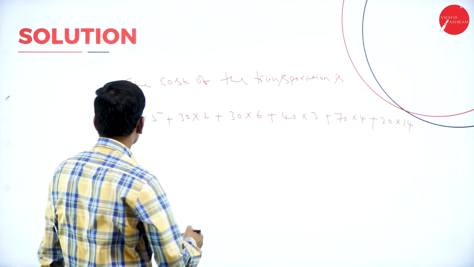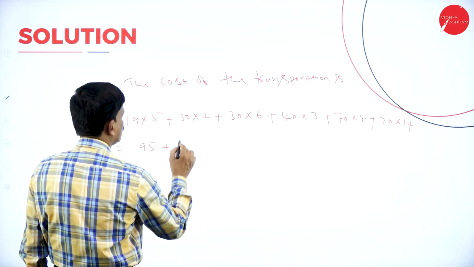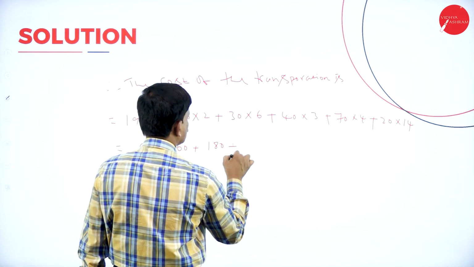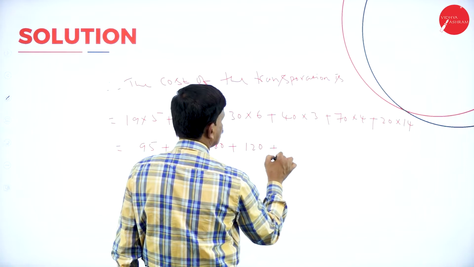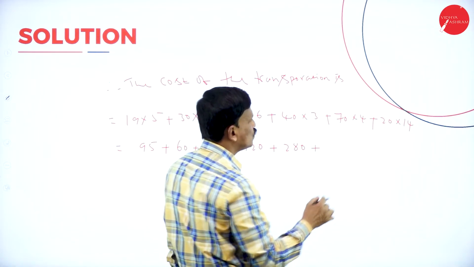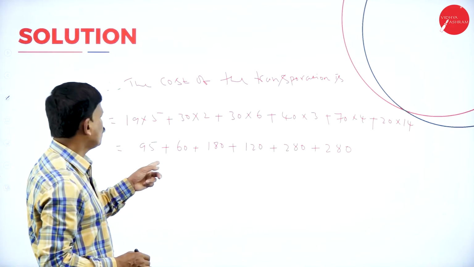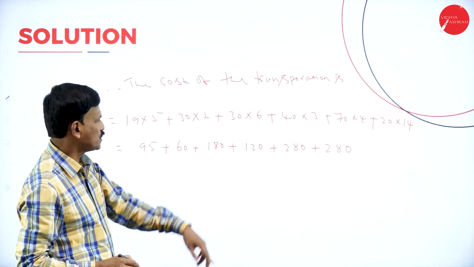Now, let us multiply this. So, 19 into 5 is 95, 30 into 2 is 60, 30 into 6 is 180, 40 into 3 is 120, 70 into 4 is 280, 20 into 14 is also equal to 280. So, 95 plus 60 plus 180 plus 120 plus 280 plus 280.